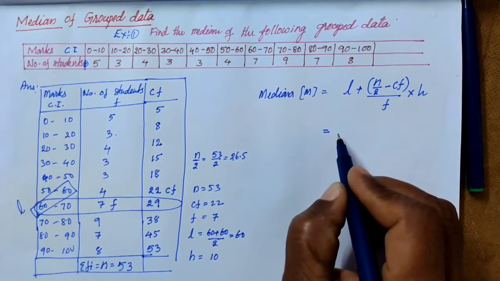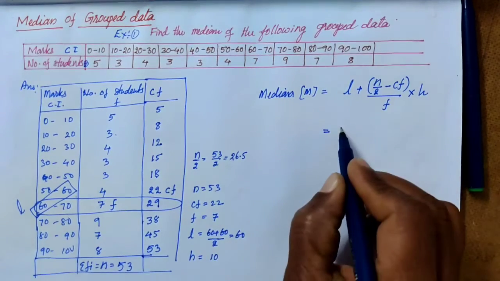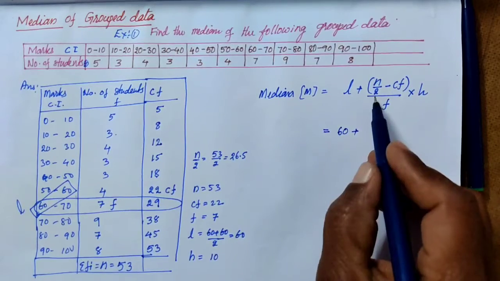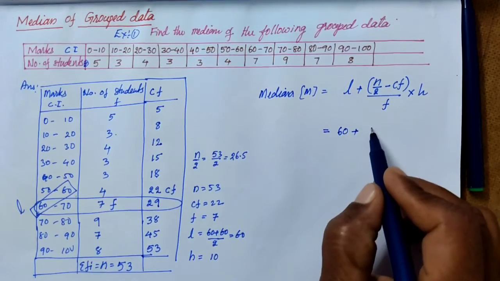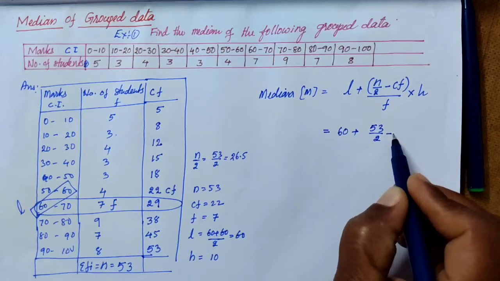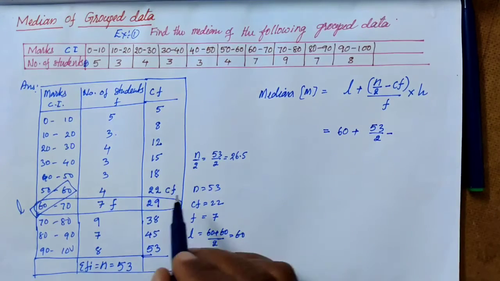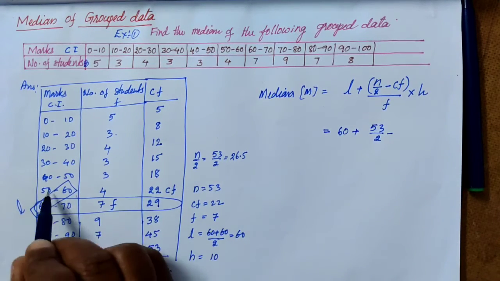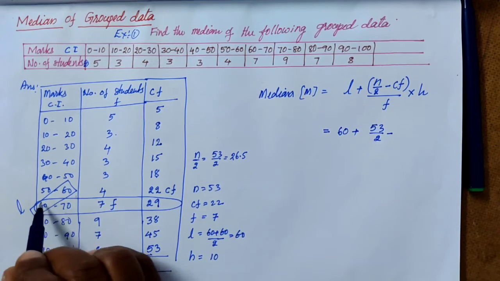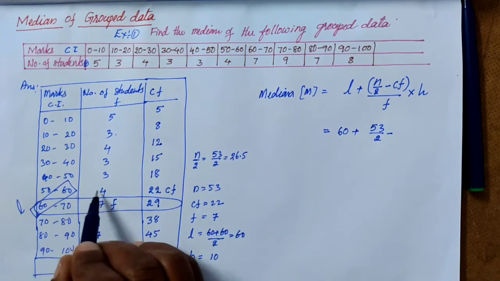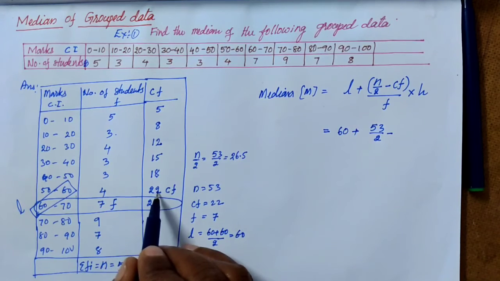So L is 60 plus N by 2, so N is 53 by 2, minus CF, the cumulative frequency preceding the median class. This is the median class, preceding to this median class is this one, and for this class 22 is the cumulative frequency.